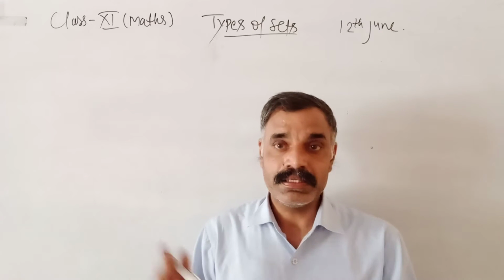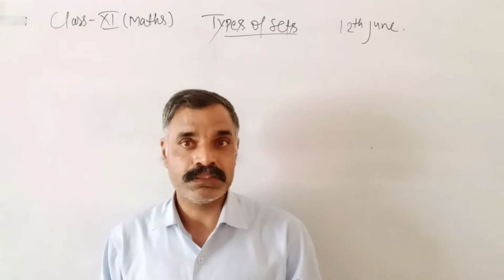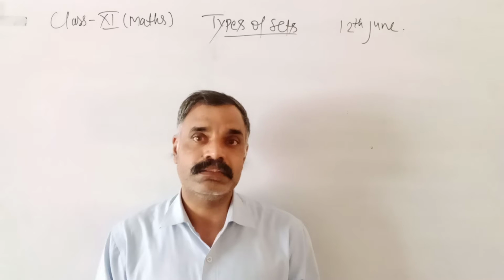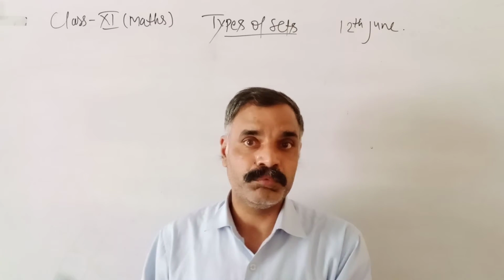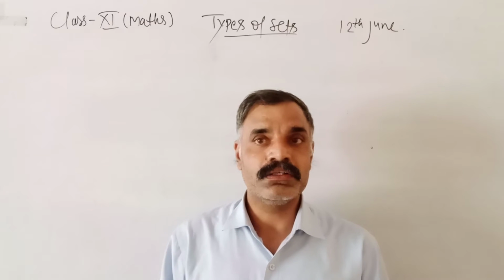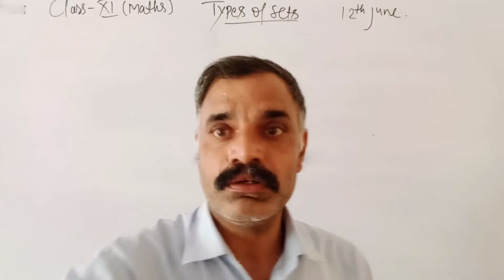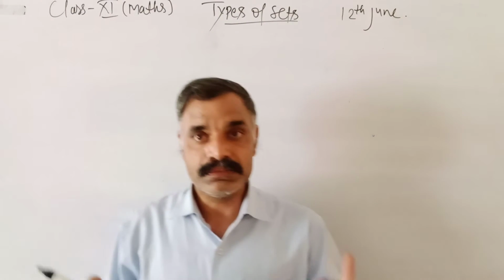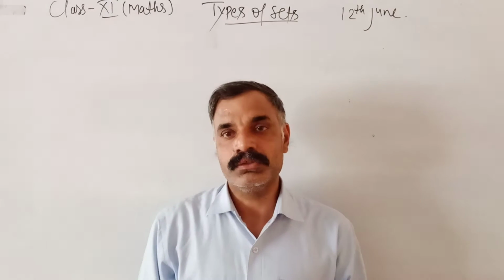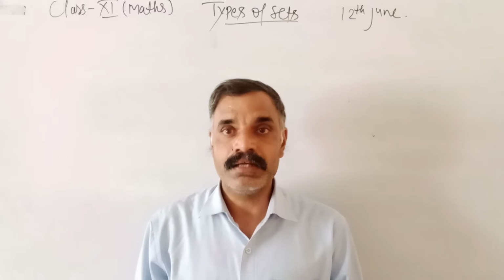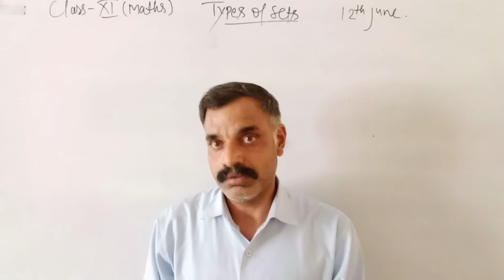The second method is the roster method, also known as list method or tabular method. Roster method is simpler, and the set builder method is the oldest and the original one.